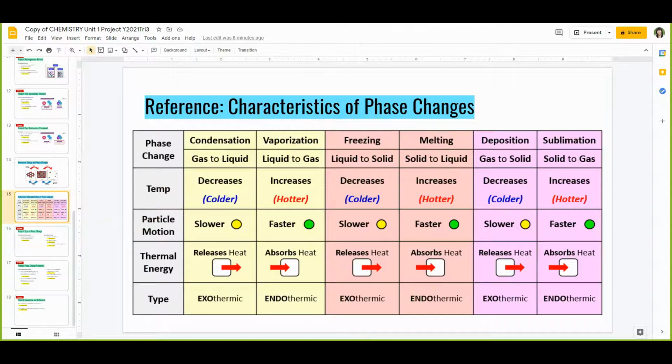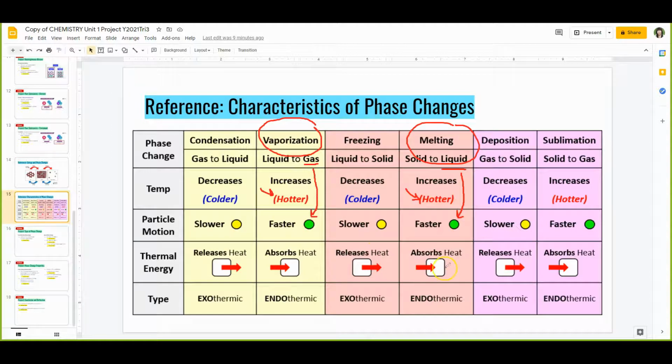Remember that when we talk about those different kinds of things, vaporization and melting are the main ones. In these, your temperature increases. As you become a gas, you get very hot, or as you become a liquid from a solid, you get warmer. So temperature is increasing, and your molecules are also moving faster. A gas has very chaotic particles moving very fast.